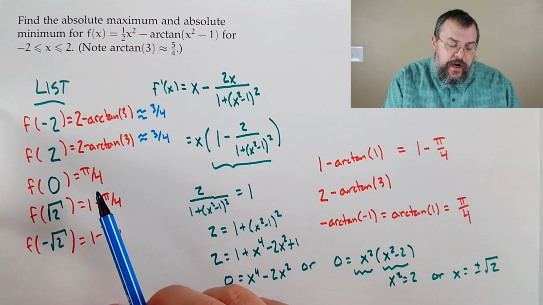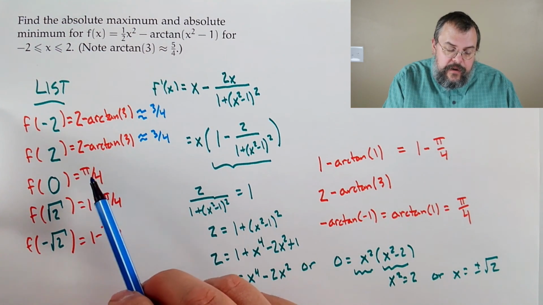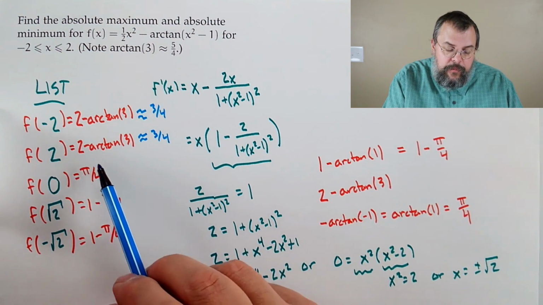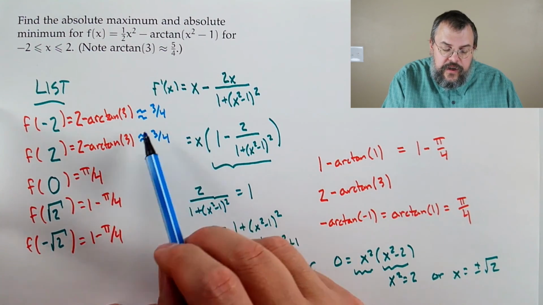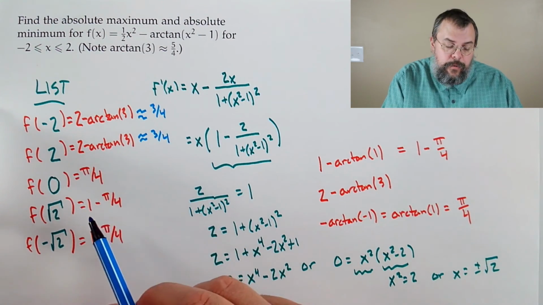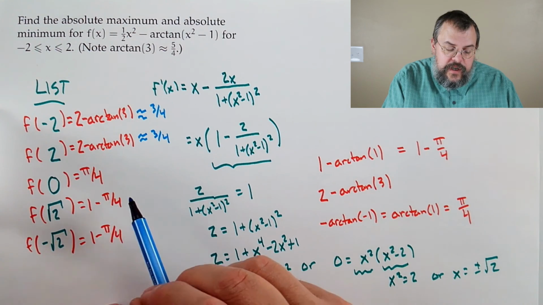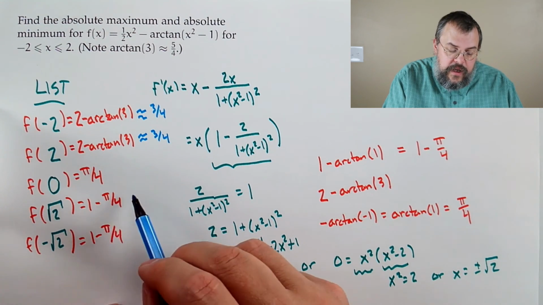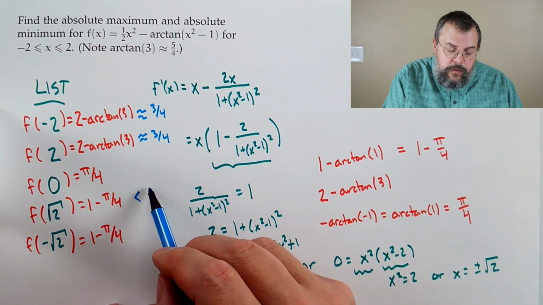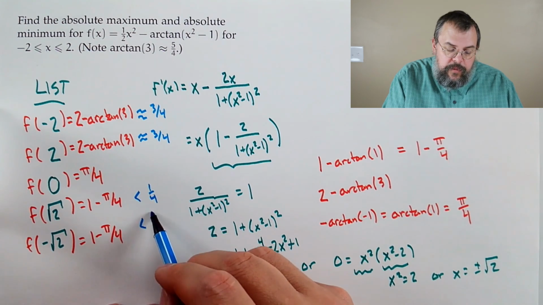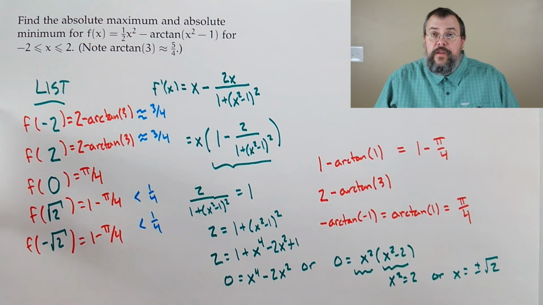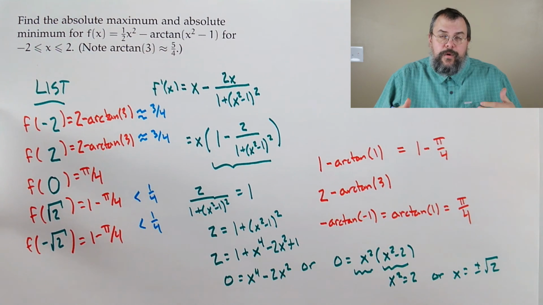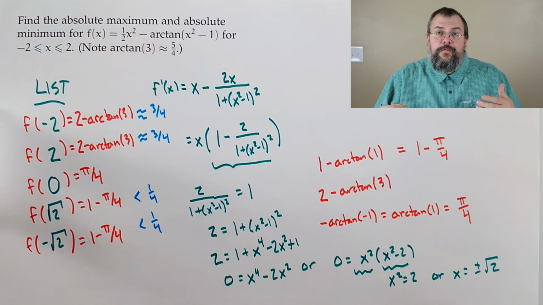Well, pi is a little bit bigger than 3, so pi/4 is larger than 3/4. 1 minus pi/4 is going to be below 1/4 because pi/4 is bigger than 3/4. So 1 subtract pi/4 would be smaller than 1 subtract 3/4.